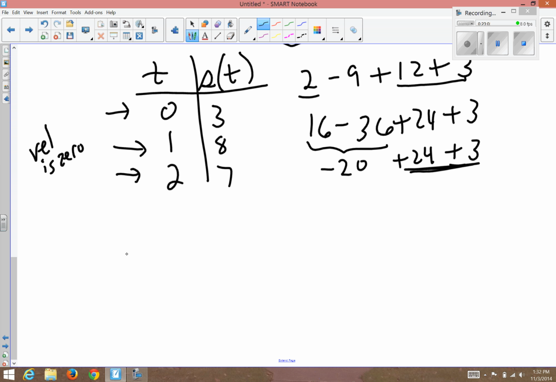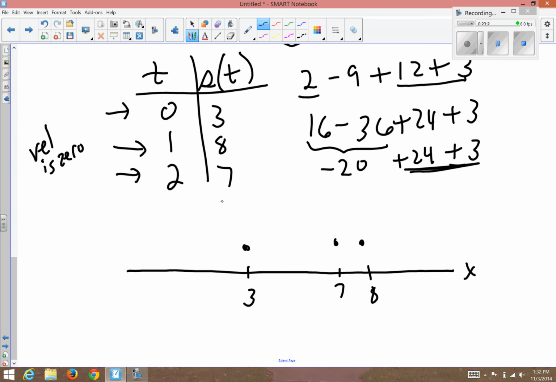So here's the path. This is the x-axis. A particle is moving on the x-axis. At time 0, the particle is at 3. That's actually given in the directions. Some time goes by, and the particle is at 8. A little more time goes by, and the particle is at 7.